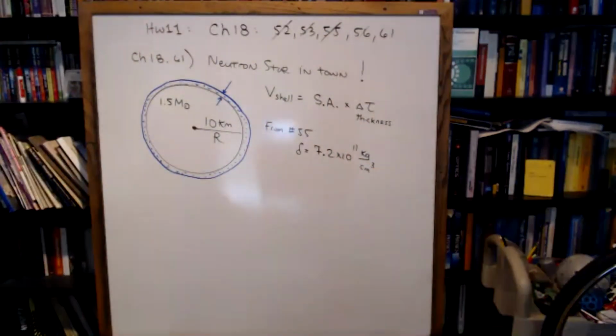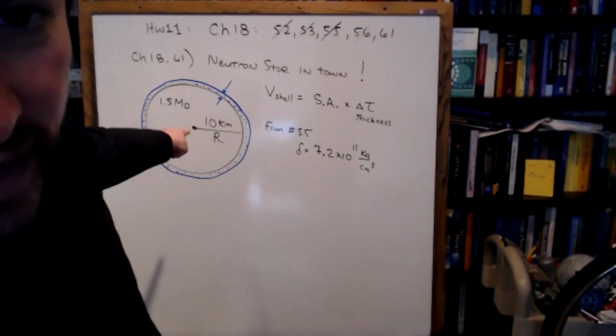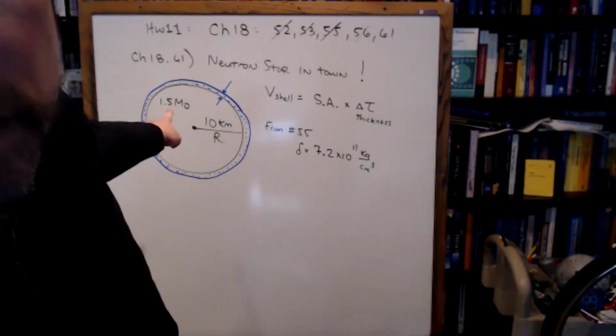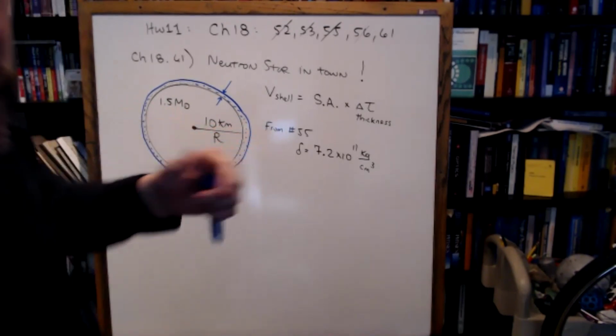Now, we know the density, we know the mass, we know the radius. Remember that Earth is much bigger in radius than 10 kilometers, but Earth is much smaller in mass than the neutron star.